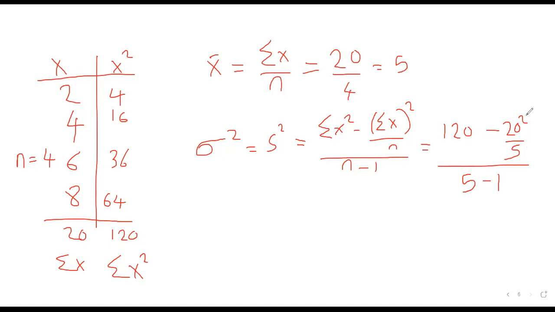You start from this angle here. 20 squared is 400. 400 divided by 5, I'm going to get 80. We're going to have 120 minus 80, divided by 4. So 120 minus 80 is 40. 40 divided by 4 is 10. 10 is called your variance.